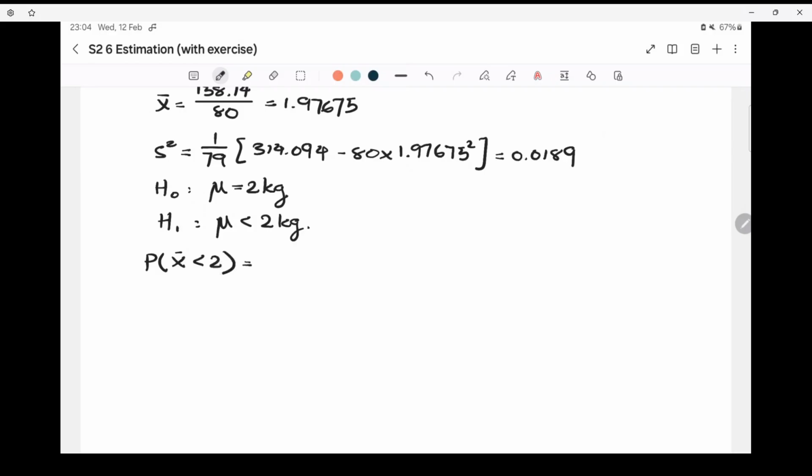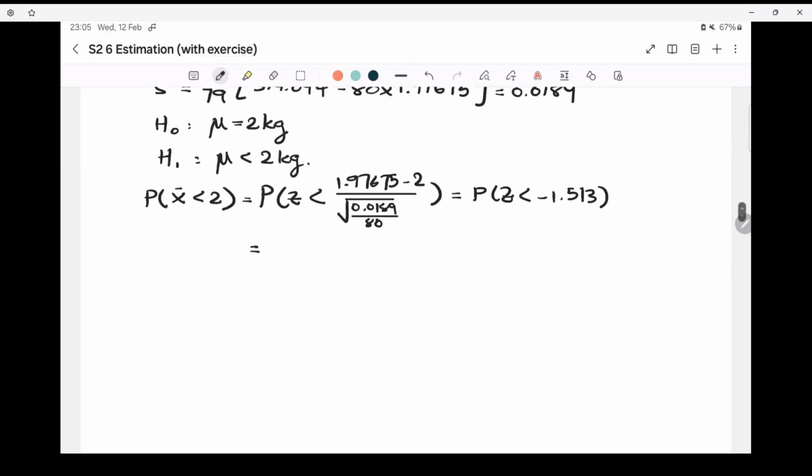What is the probability? This will be P(Z smaller than (1.97675 minus 2) divided by the square root of 0.0189 divided by the sample size, which is 80). So this is P(Z smaller than minus 1.513).